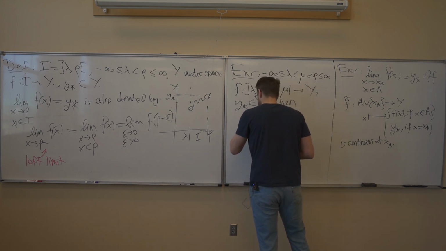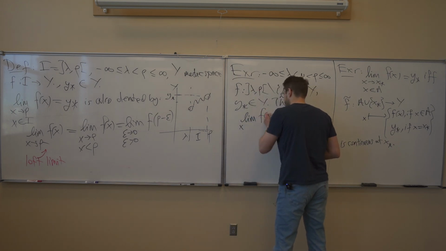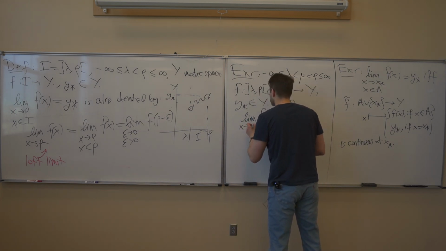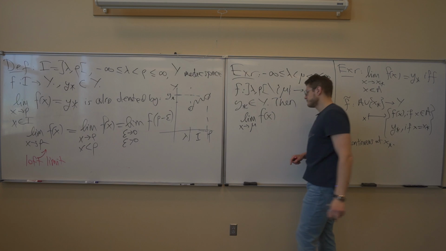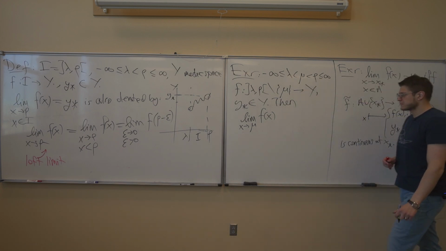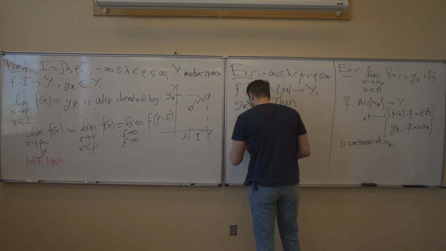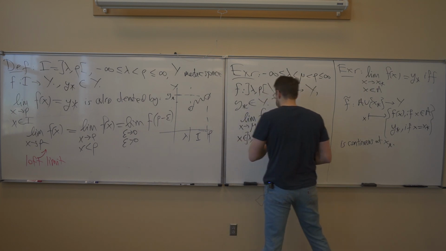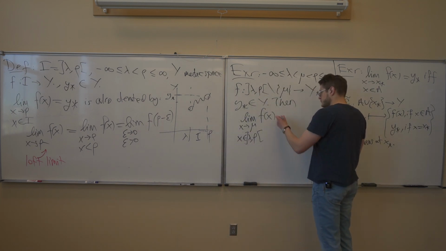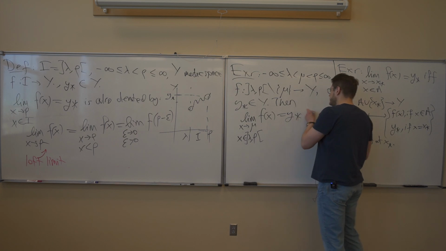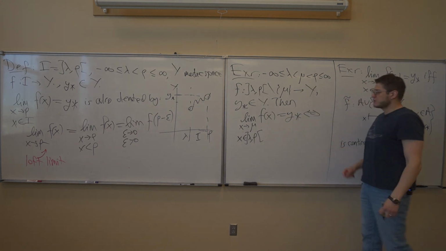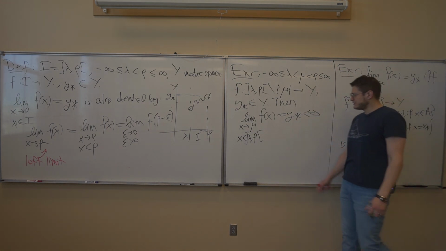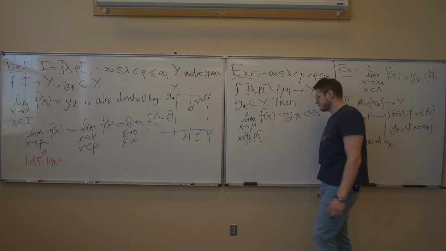Then the limit of f as x goes to mu, this problematic point, in the interval lambda rho, is y star if and only if the left limit and the right limit exist and they are equal to the same value.